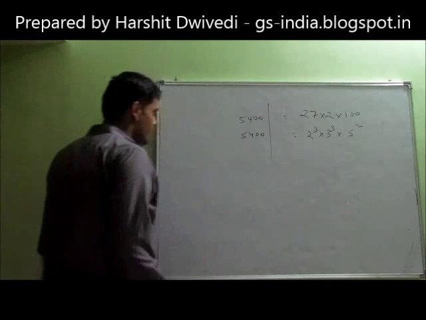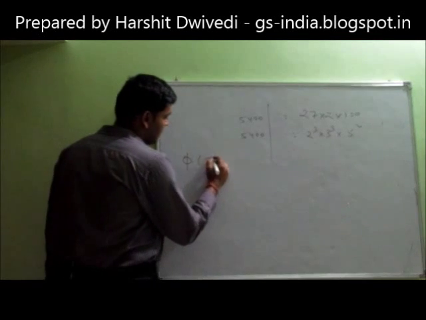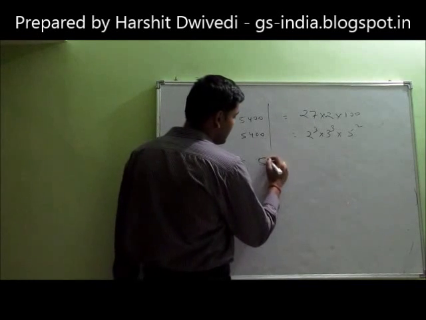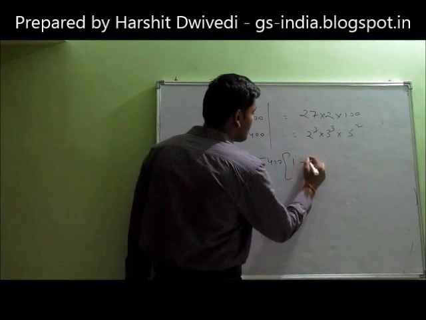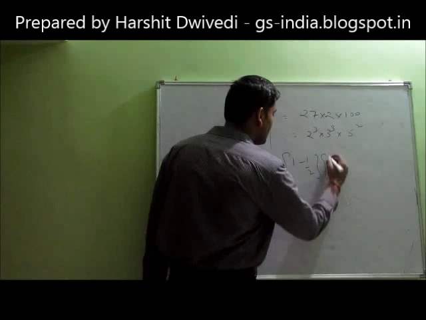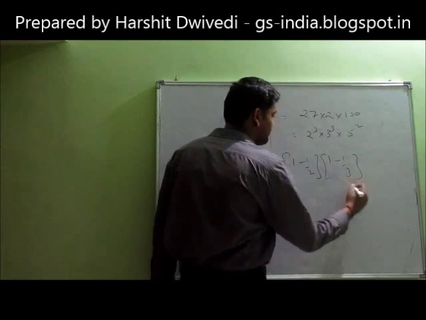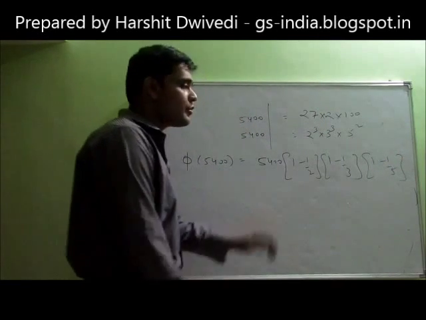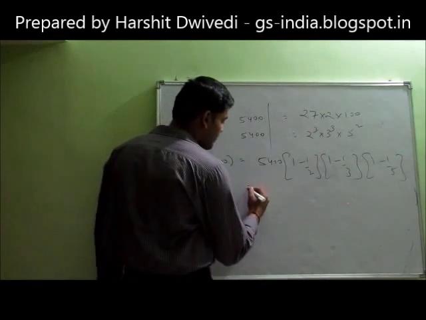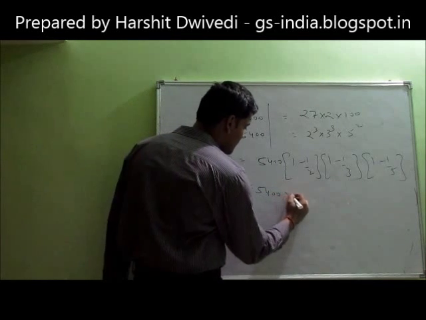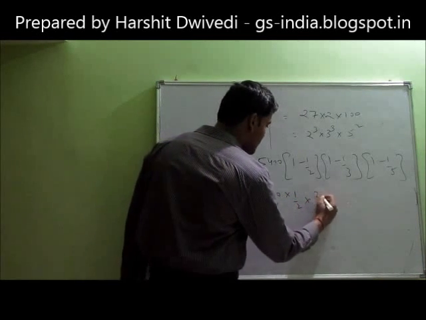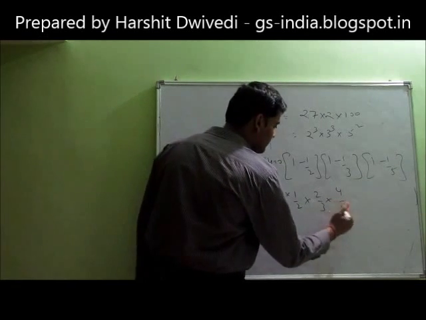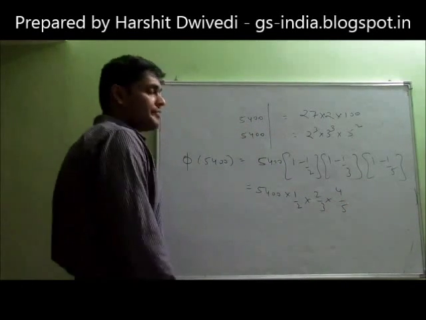Now, if I have to find out the Totient number of 5400, what do I do? I will multiply this 5400 into 1 minus 1 by 2, into 1 minus 1 by 3, into 1 minus 1 by 5. This is what I am going to do. Now I will write it like this: 5400 into 1 by 2 into 2 by 3 into 4 by 5.